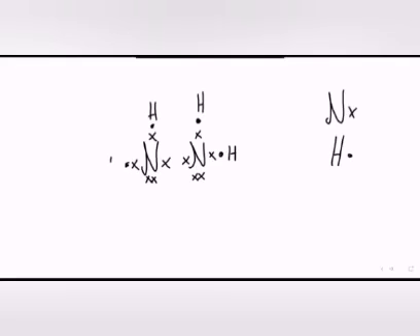Based on the fact that nitrogen as a group 5 element should share 3 electrons, and it will have 2 unshared electrons in the outer shell as it has 5 electrons in total, and the hydrogen has only 1 electron to share, so it will be sharing it.